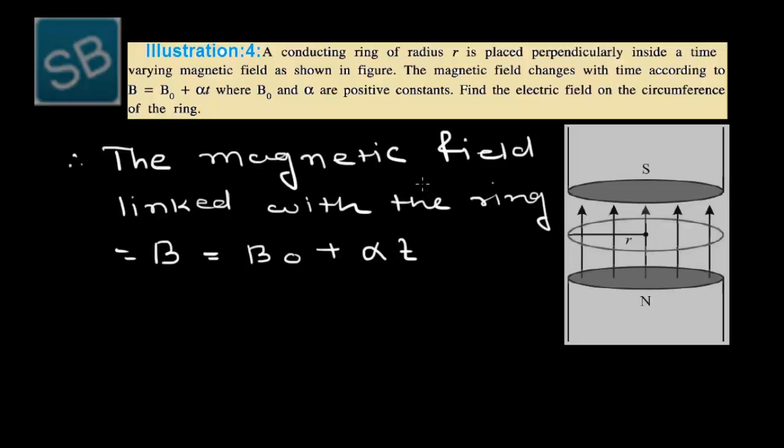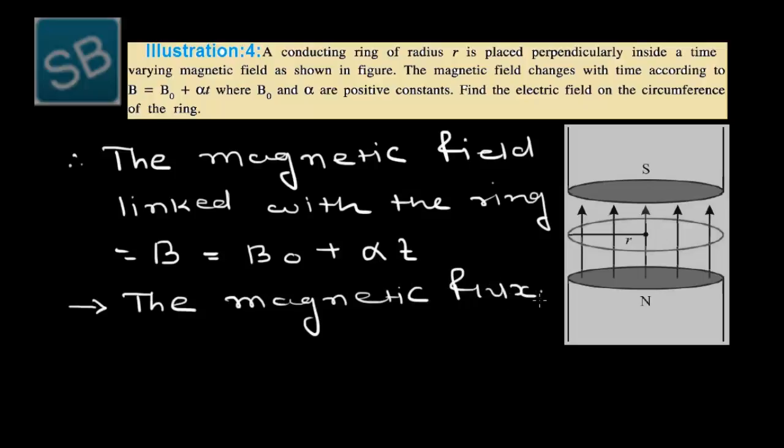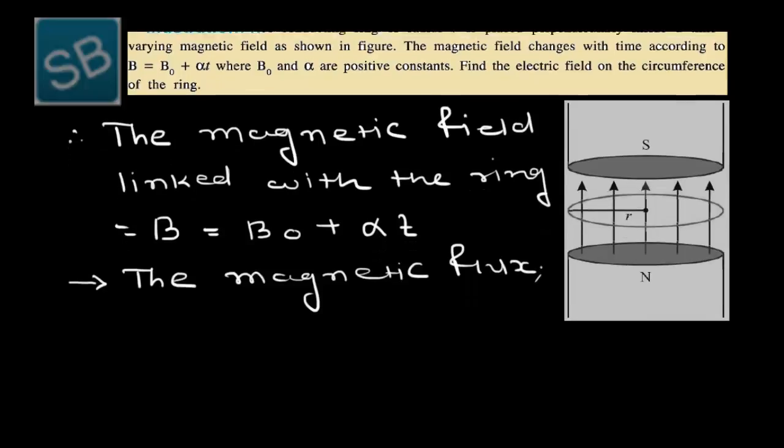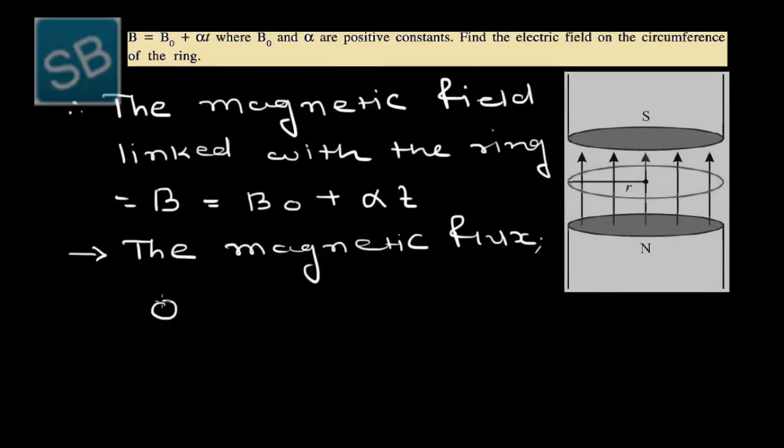So first of all, if you remember, the value of magnetic flux we can find out. So phi is equal to B dot A. Here again, the ring is of circular type.